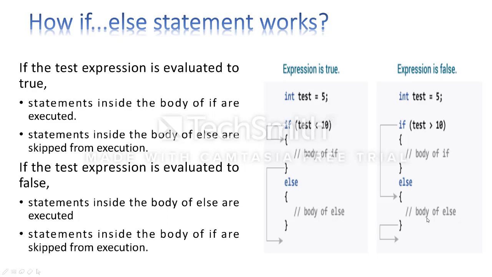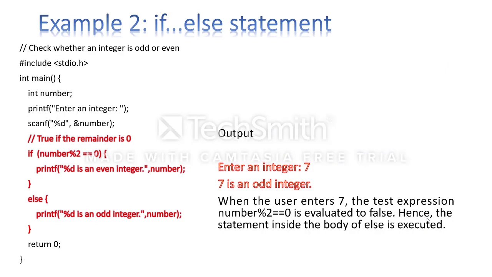Just remember, when the condition of the if is true, you execute the statements only under the if and skip the else statement. If the condition is false, we reverse: you skip the body of the if condition and execute the else body. Okay, let's see an example.